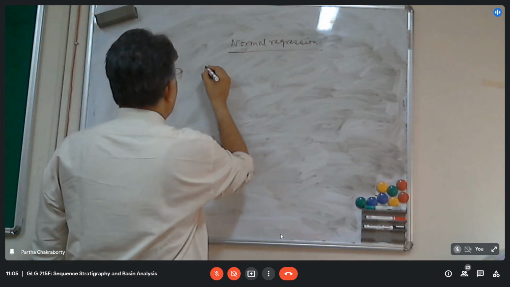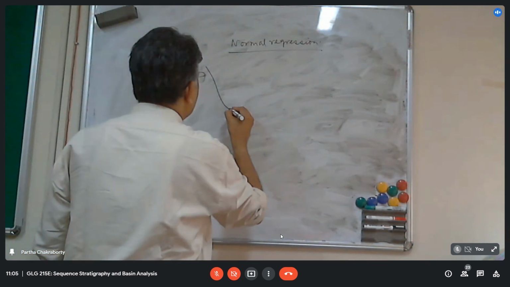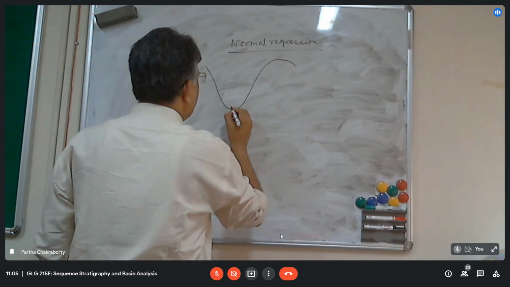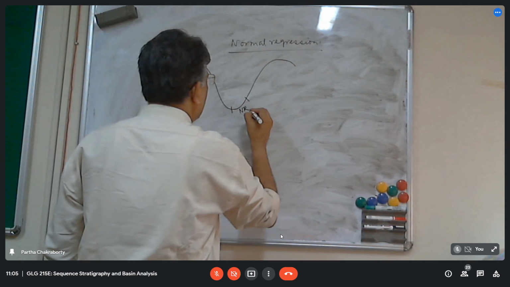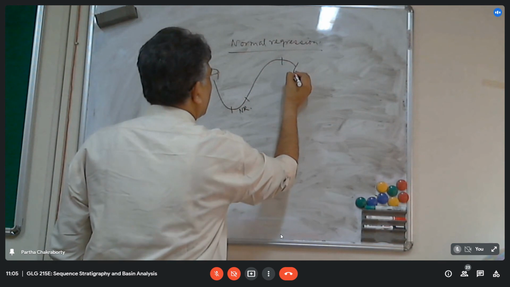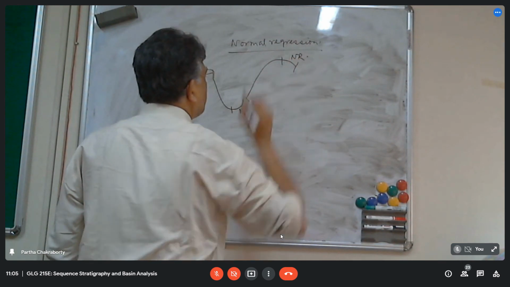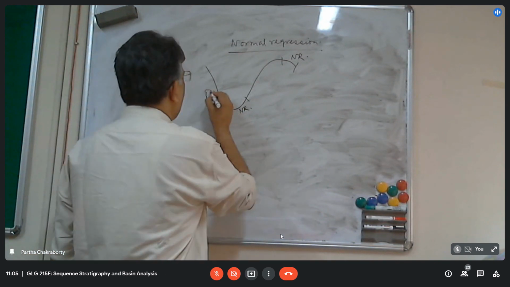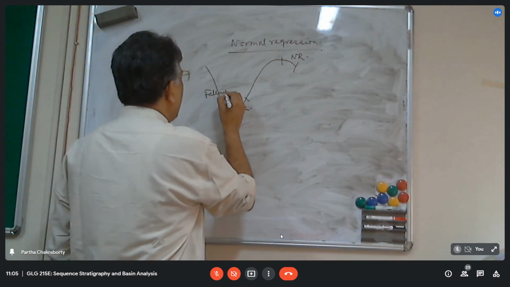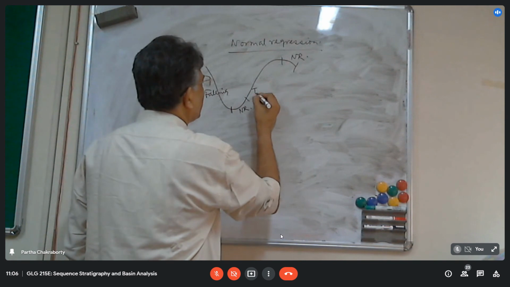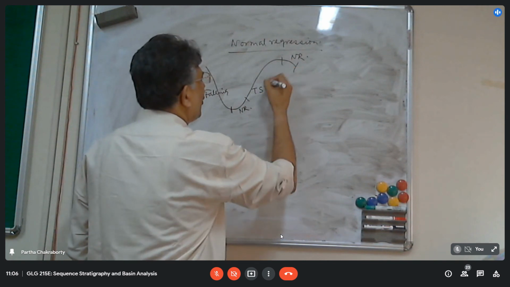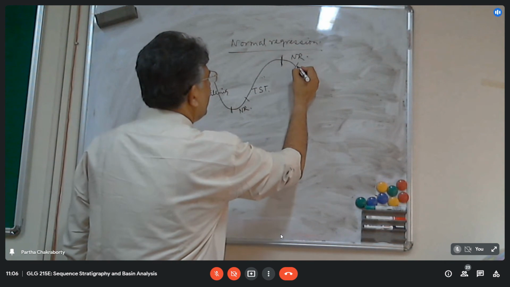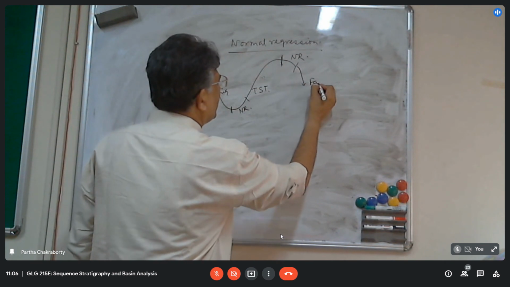In a sea level curve, where do you get the normal regression? I get the normal regression here, and I get the normal regression here. In one case, the normal regression follows the falling stage and it is topped by TS. In the other case, the normal regression is above the TST and it is followed by a falling sequence.